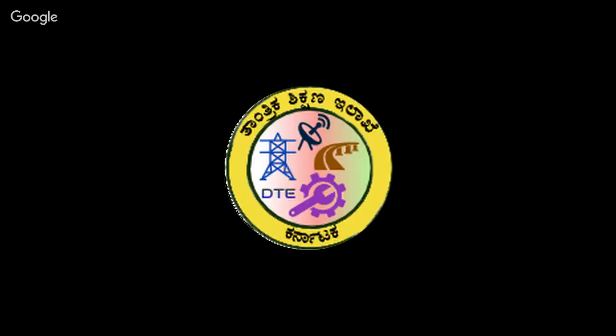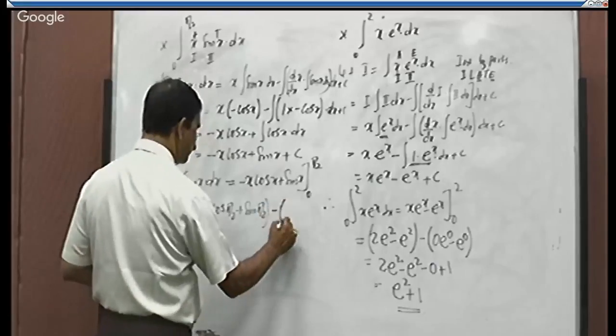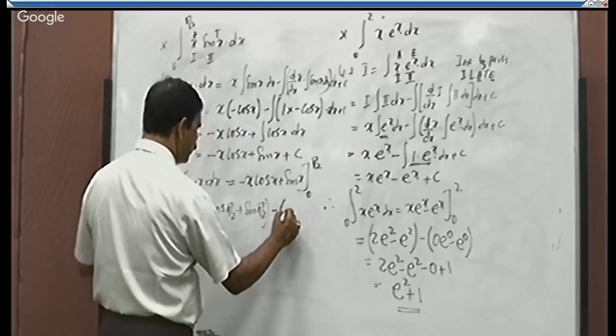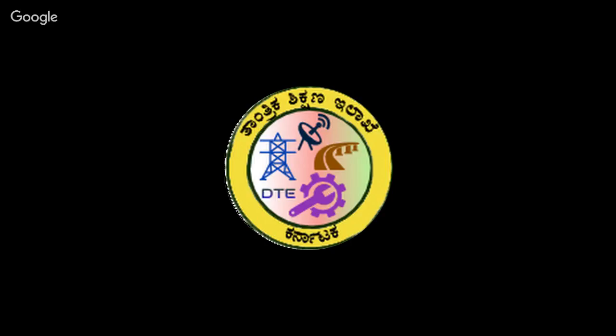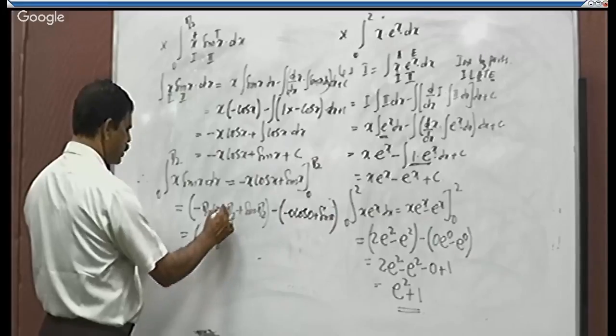Then apply upper limit: minus pi by 2 cos pi by 2 plus sin pi by 2. Is it right? Minus lower limit. What is lower limit? 0. Minus of minus 0 into cos 0 plus sin 0. It is minus pi by 2 cos 90.